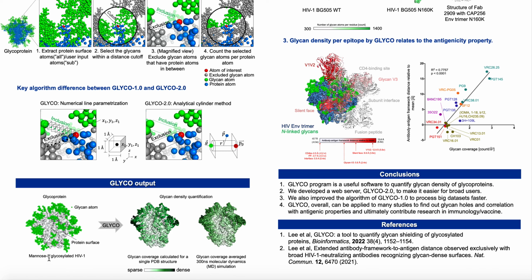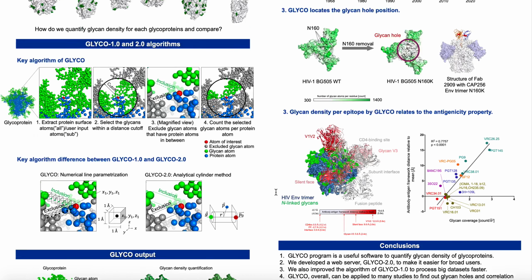With your glycoproteins, you can run GLYCO and find out the glycan density on the protein surface with a single PDB, or you can also use multi-frames so that you can get an idea of the flexibility of glycans during the molecular dynamic simulations.